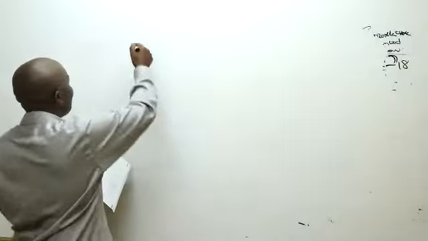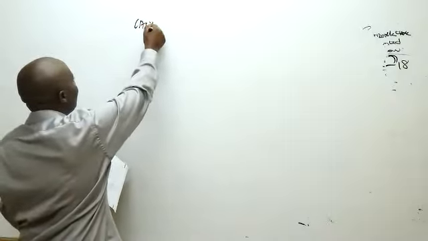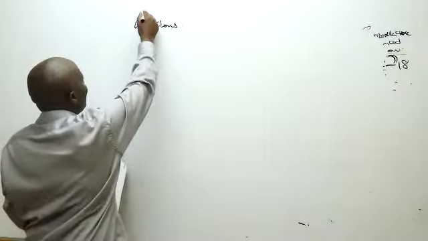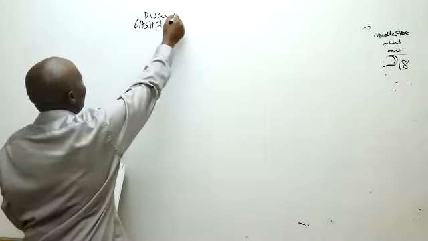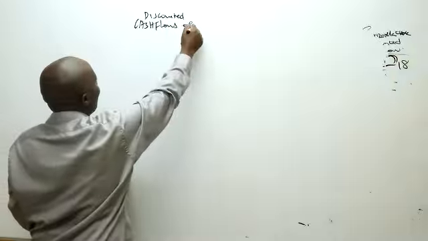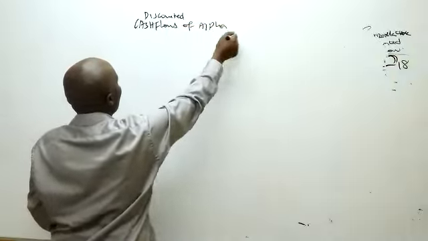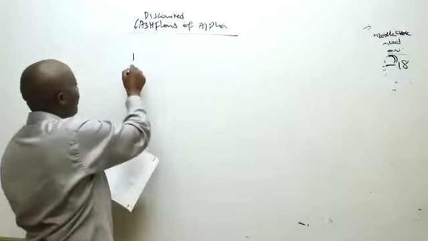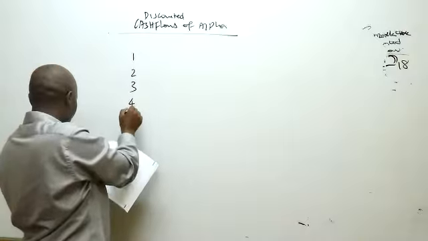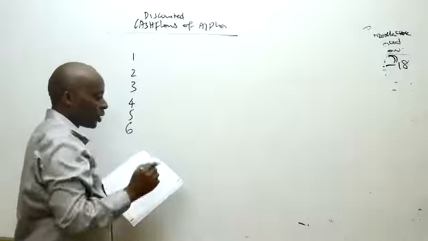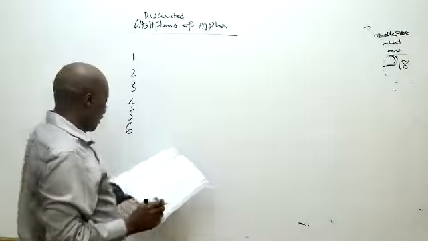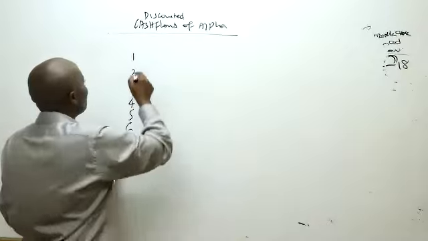So we have here the discounted cash flows of project Alpha. We have our years 1, 2, 3, 4, 5, 6. They have given me what they are calling the pre-tax cash flows.